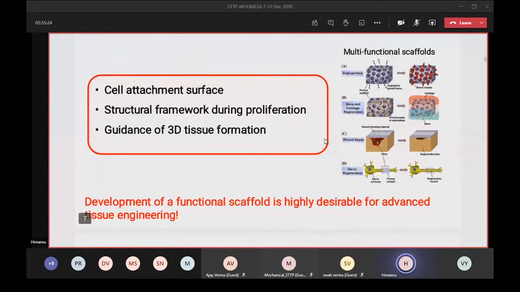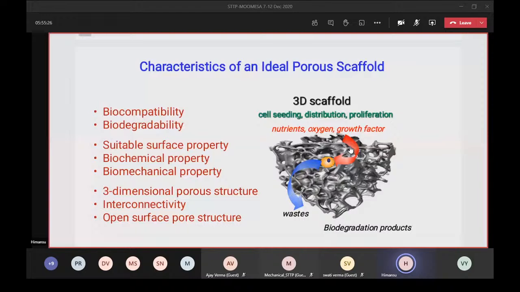So if you see the characteristics of an ideal scaffold, there should be certain parameters by which you can decide what the scaffold should be made of. That means some materials can be utilized to prepare this kind of porous scaffold.